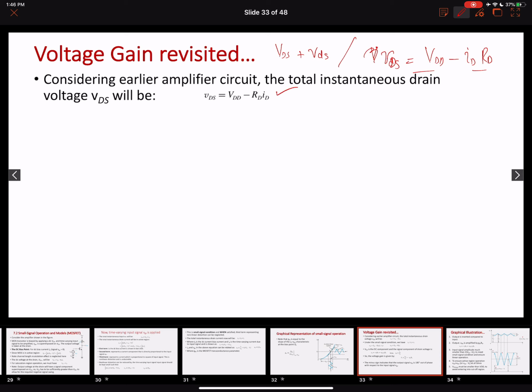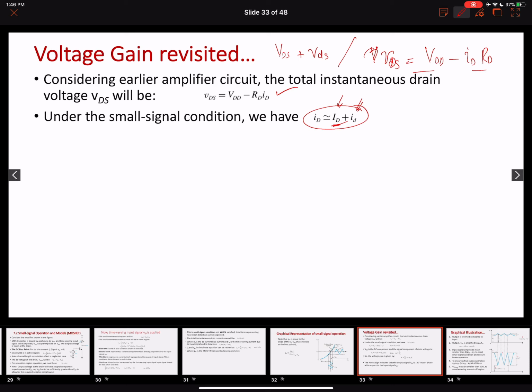Now we know that we are assuming the small signal condition, in which we neglected the third term, knowing that the time varying input voltage is much smaller than 2 times the overdrive voltage. When we meet that small signal condition, our drain current is proportional to the summation of the DC bias current and the time varying current.